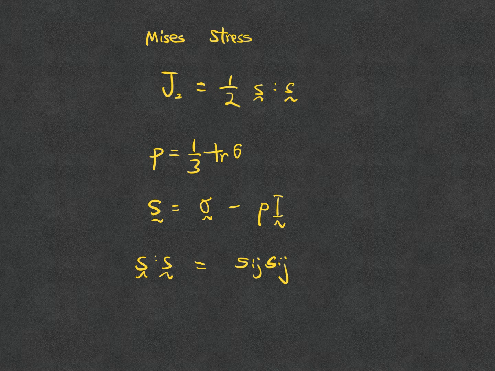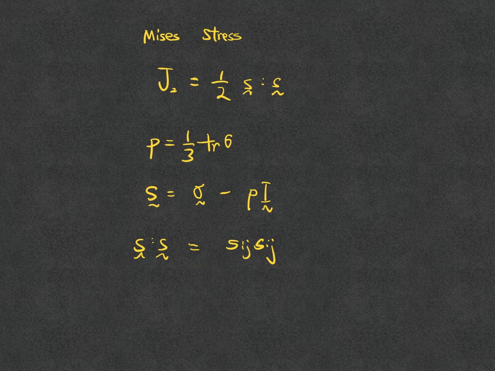Okay, so as you can see, the i index is repeated. The j index is also repeated. As a result, when you see a notation like that, the result of that operation would lead to a scalar.